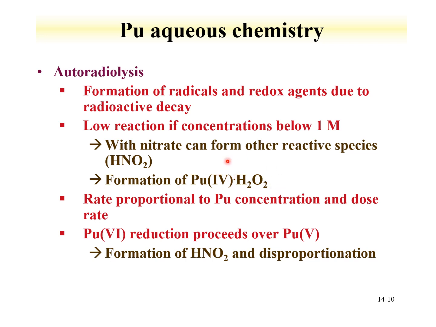If you form peroxides, as we talked about with other actinides, you can form peroxide species. So the autoradiolysis, just a change in the redox, is really rate proportional to plutonium concentration and dose rate. Those are also saying something about the half-life of the plutonium isotope that's in solution.